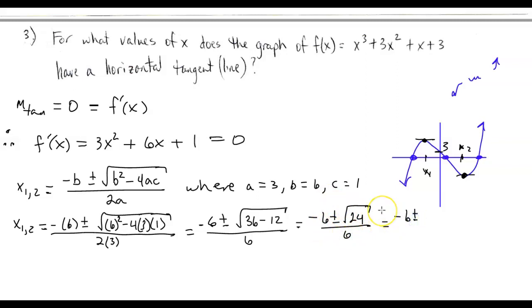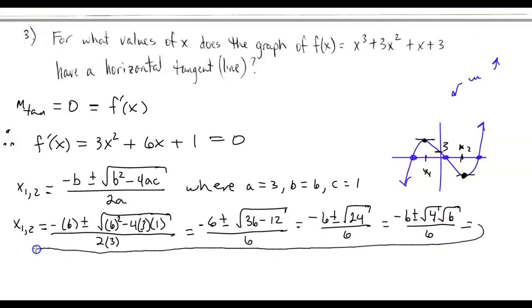And since I know that 24 is 4 times 6, I can rewrite this as square root of 4 times square root of 6, all that over 6. And we know square root of 4 is just 2.